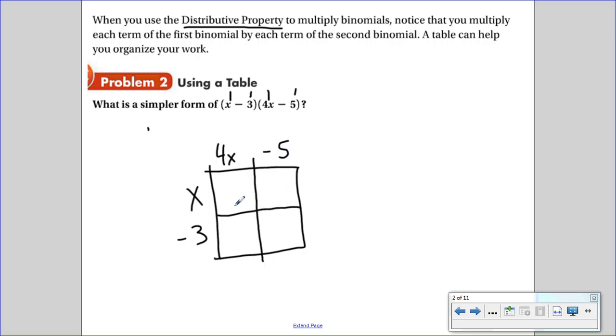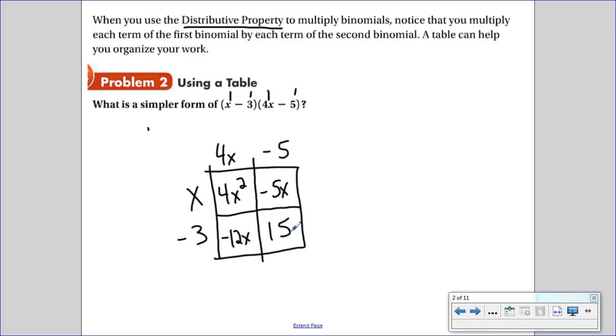Then what you do is you multiply the two that make up the box. So what is x times 4x? 4x squared. It doesn't matter what order you go in. What is x times -5? -5x. What is -3 times 4x? -12x. And what is -3 times -5?